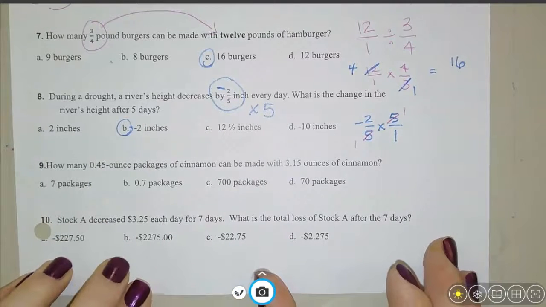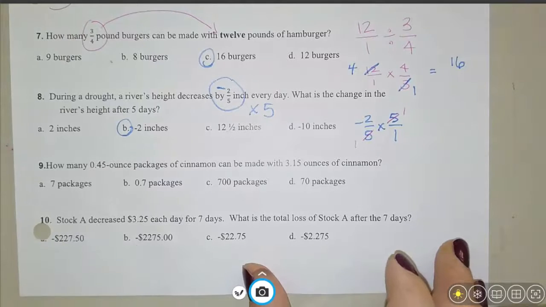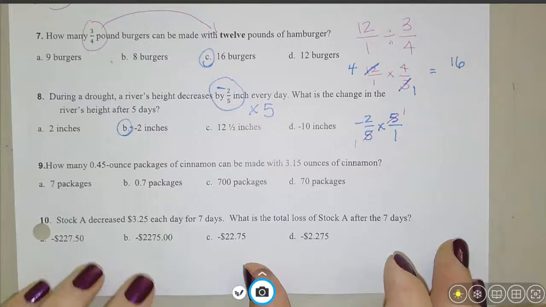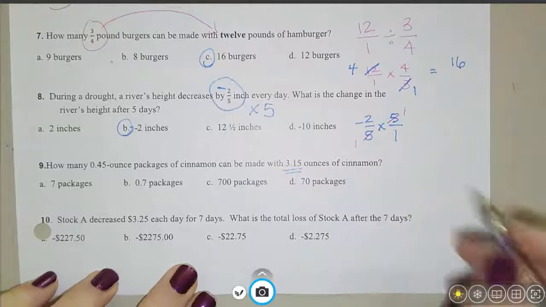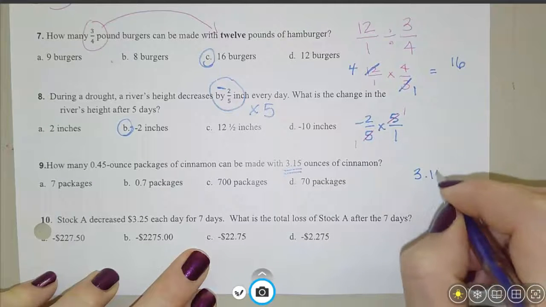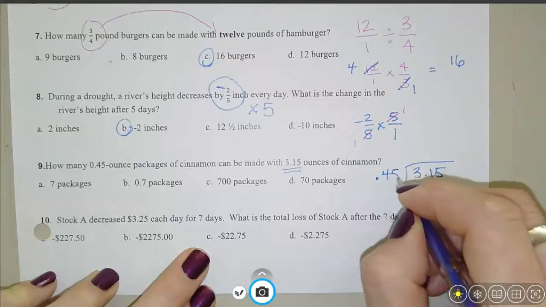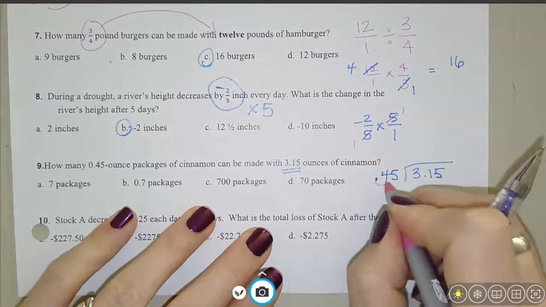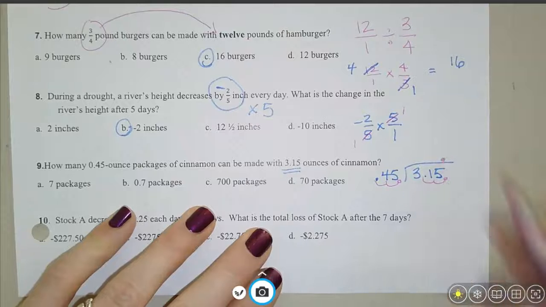Number 9 is kind of like number 7. How many 45 hundredths ounce packages can I get out of 3.15 ounces? Well, 3.15 ounces divided by 0.45. Got to move my decimal over 2 places to get a whole number. Move it over 2 places here.